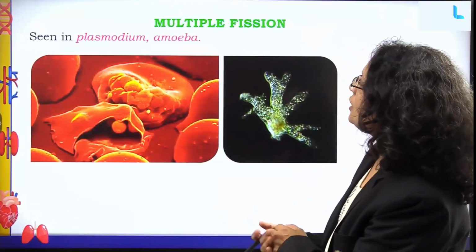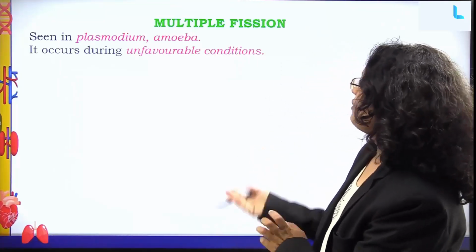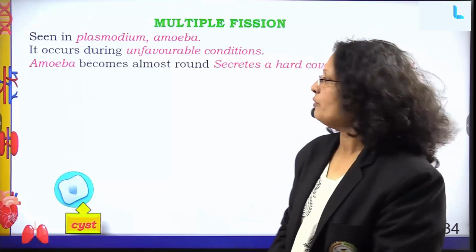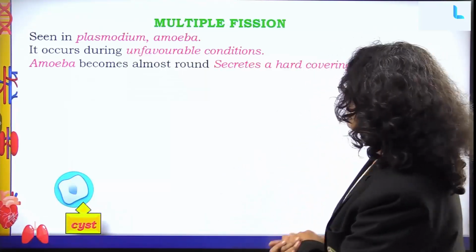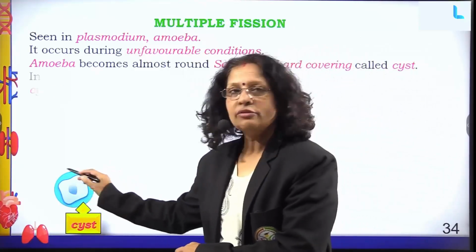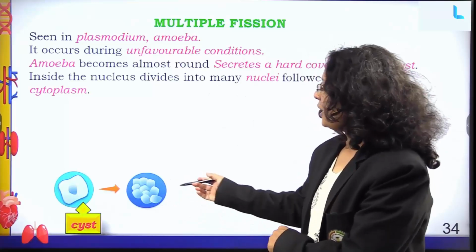Now multiple fission is seen in Plasmodium, and amoeba also. Multiple fission is possible during unfavorable conditions. Like an amoeba becomes almost round and secretes a hard covering called a cyst. The hard covering gets secreted and it takes on a cyst-like appearance. What happens inside the cyst?